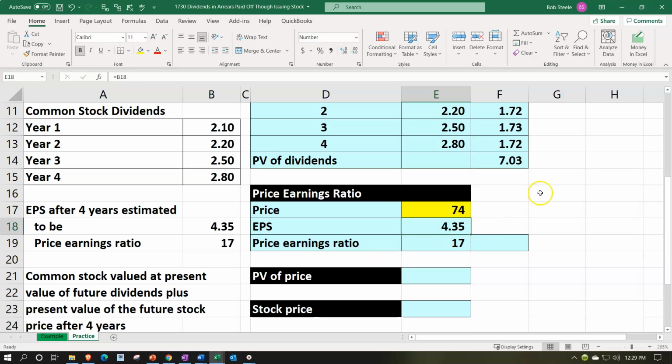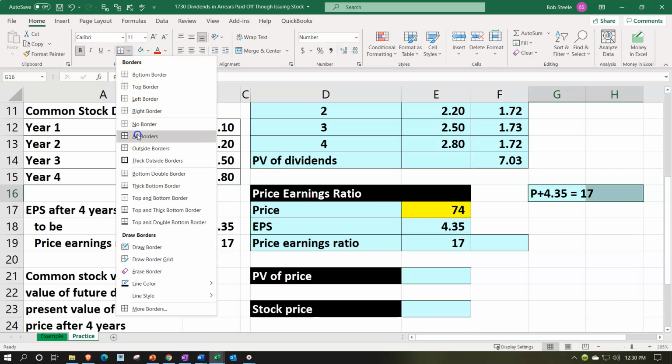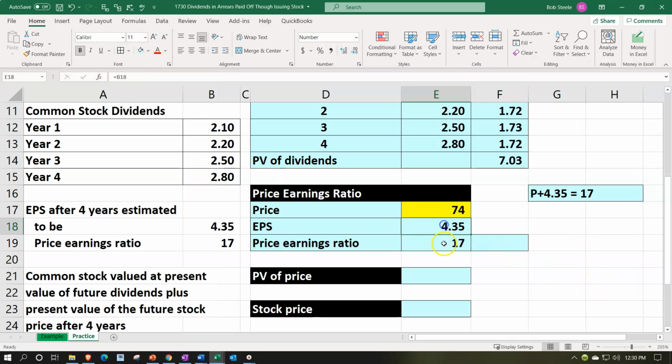So you might want to write it out, of course, this way. You can say, well, P for the price, divided by the earnings per share, which is the 4.35, is going to be equal to the 17. And you can write it out and do it algebraically if that's easier to see for many people that like the good old paper and pencil method.